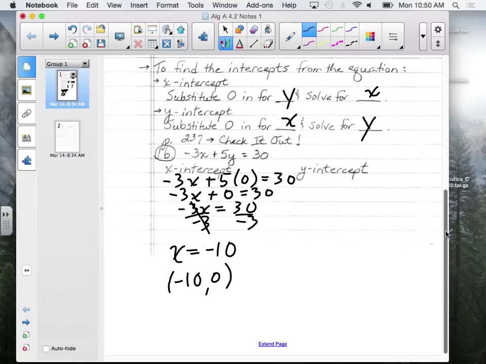So how would I rewrite this if we're solving for the y-intercept? Negative 3 times 0 plus 5y equals 30. So 0 plus 5y equals 30. And then you guys can finish it out.